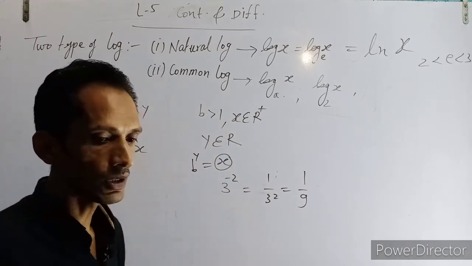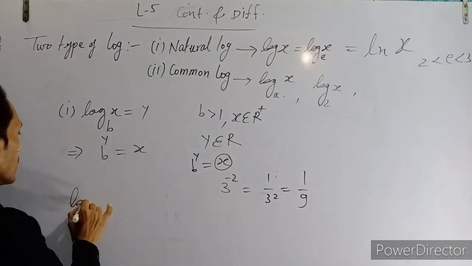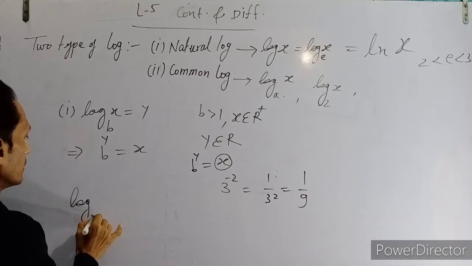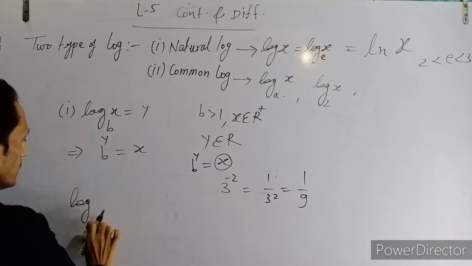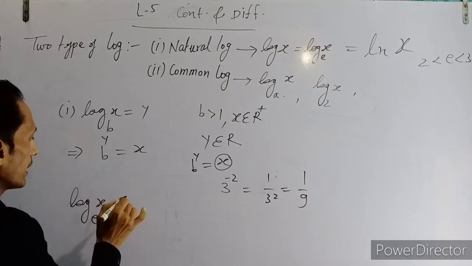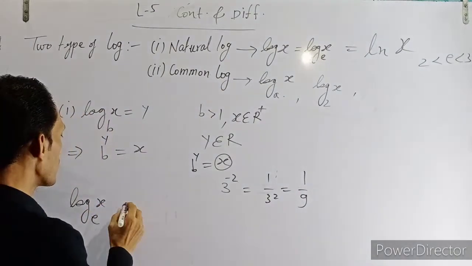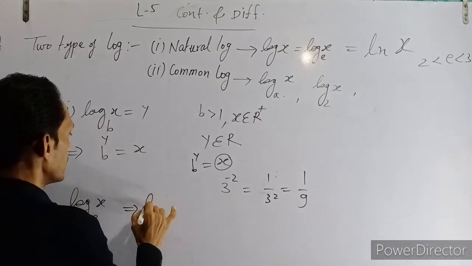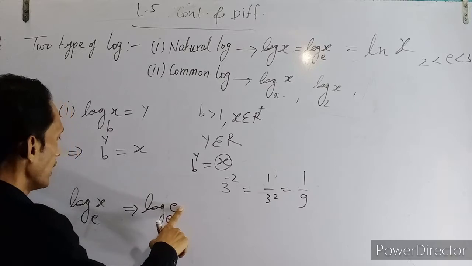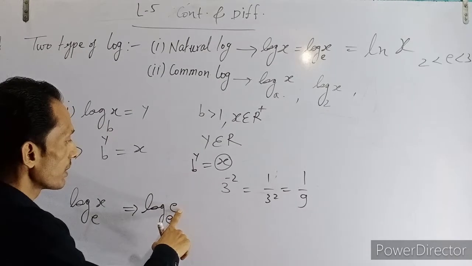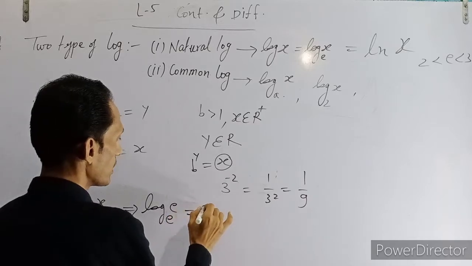Now another property. Suppose log x is the natural log, with base e and the number e being the same. When the base and the number are the same, the value is 1.